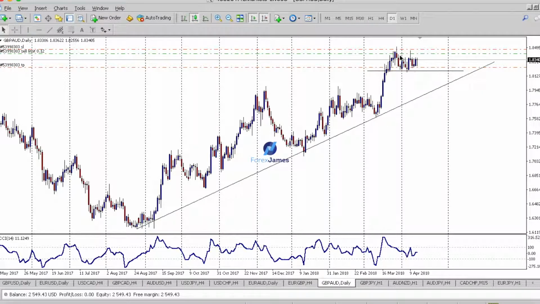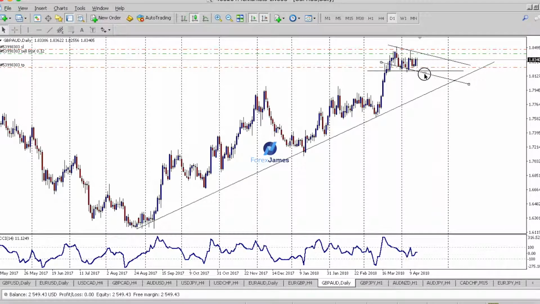So it could either form a descending triangle here, or it might actually form a downward channel. We'll see about that, but regardless, I have my sell limit on still.